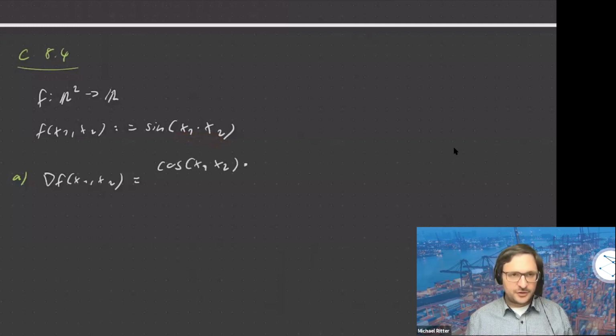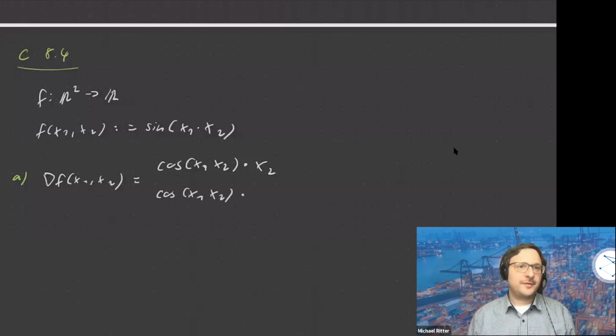So if we're differentiating with respect to x1, then the derivative of x1, x2 is just x2. Okay, and for the second coordinate, we take the differential with respect to x2. That outer function is the same, so we again get cosine x1, x2. And this time the derivative of the inner function is x1. Okay, so that's our gradient.